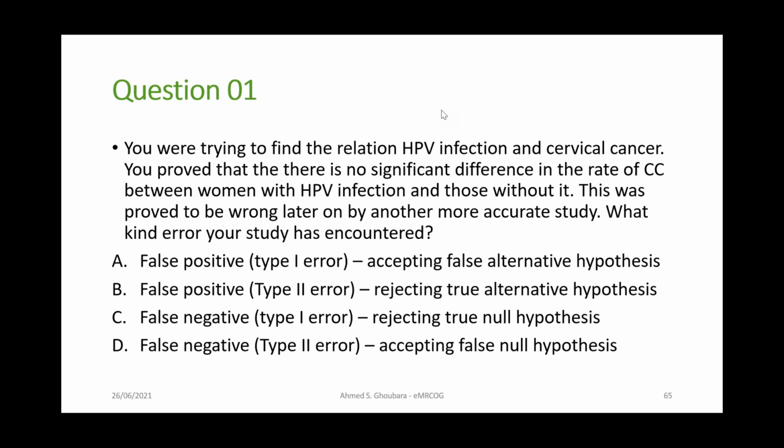Type 2 error. Is it a false positive or false negative result? False negative. So the correct answer would be D. Correct.